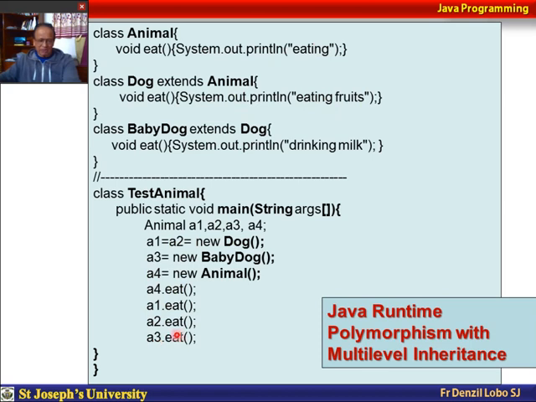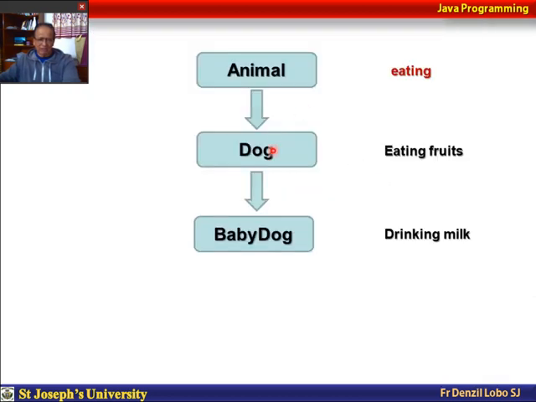So let us see what happens to A3. A3 is what? BabyDog. Therefore it has to override the parent method here, System. It is not going to print "eating fruit", but it is going to print "drinking milk". As you see here, Dog inherits Animal and BabyDog inherits Dog, and this says eating fruits and drinking milk.